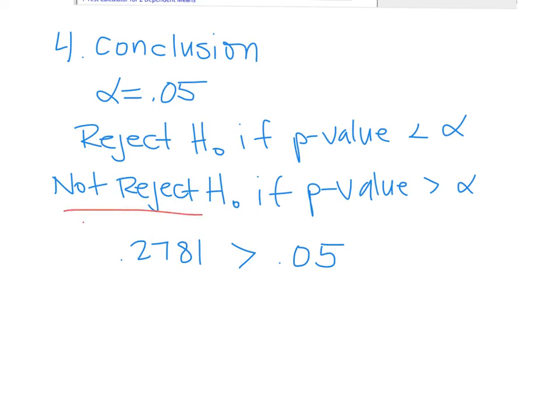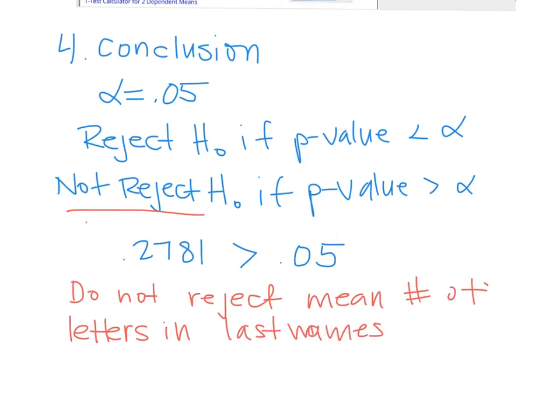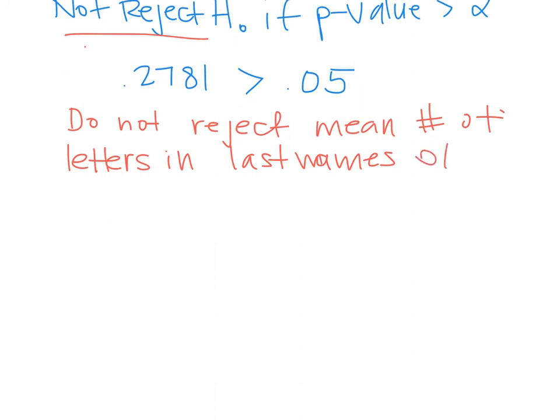So do not reject that the mean number of letters in last name of Math 240 students is 8.